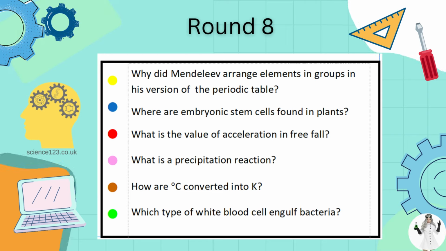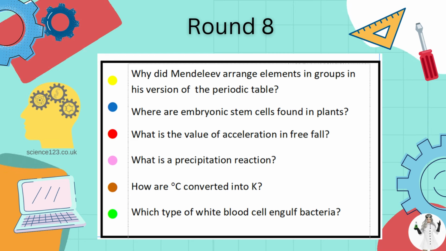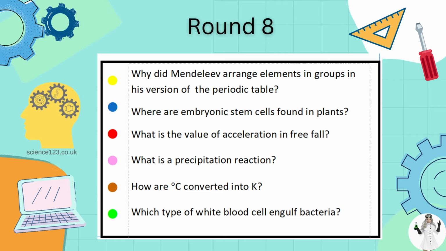What is a precipitation reaction? How are degrees C converted into Kelvin? Which type of white blood cell engulfs bacteria?